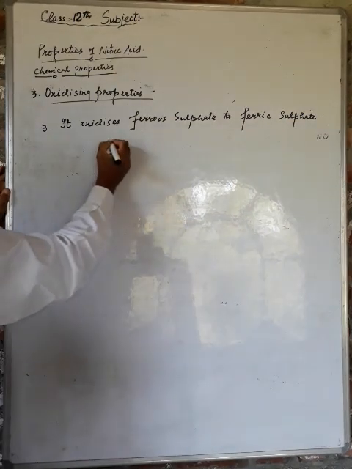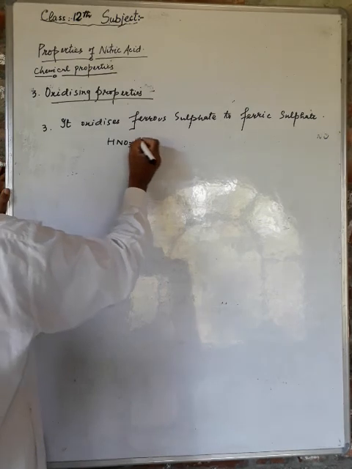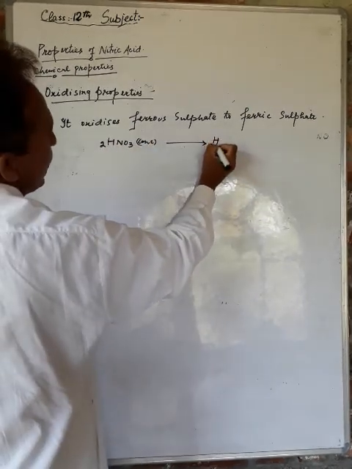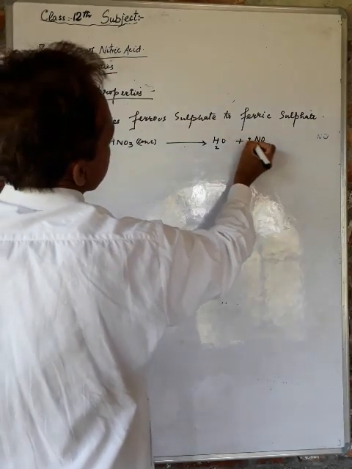Now HNO3 concentrated forms twice H2O, yes, it will form NO2 twice plus O.